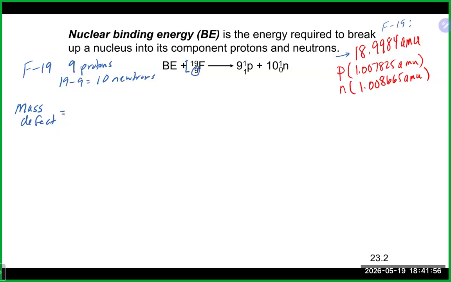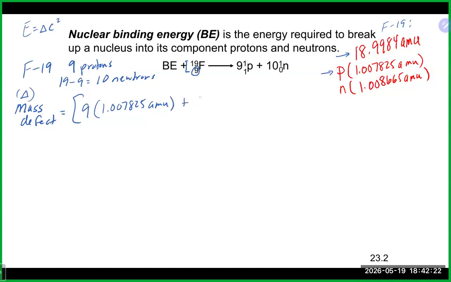If I wanted to calculate the mass defect in this case, which by the way is sometimes abbreviated with a little delta symbol in Einstein's equation, E equals delta m c squared, we would take our 9 protons times the atomic mass of a proton, which is 1.007825.